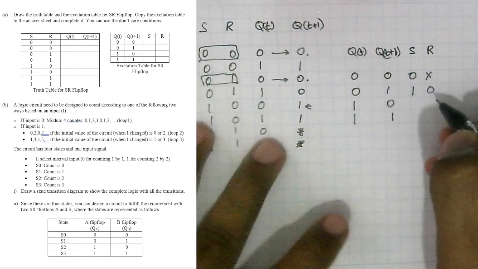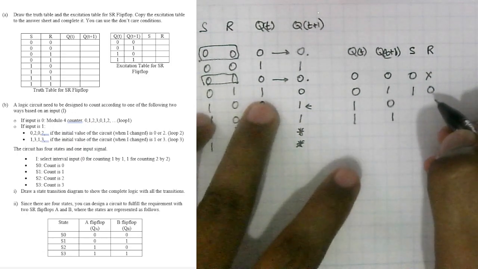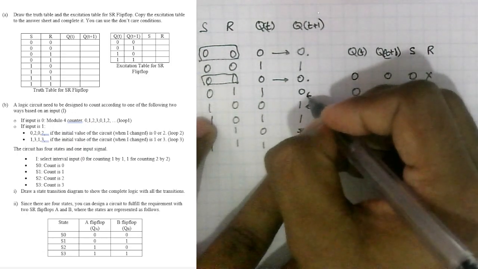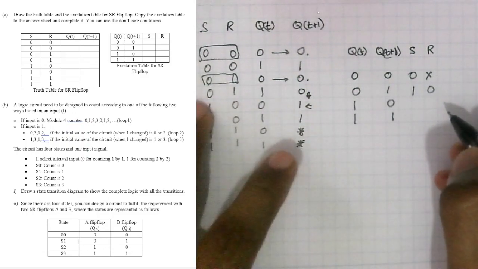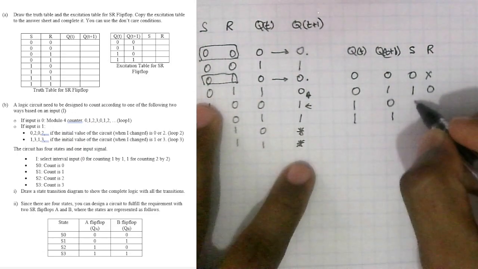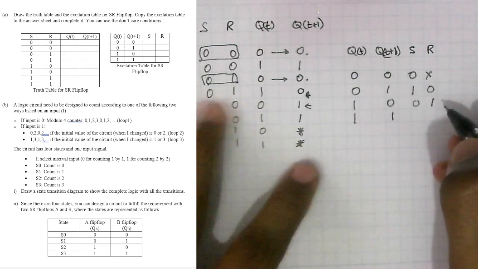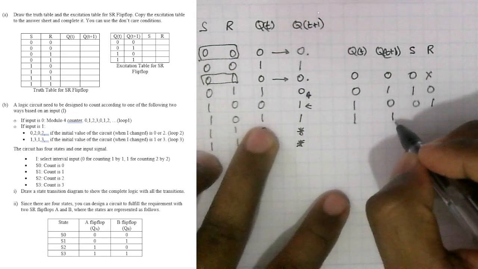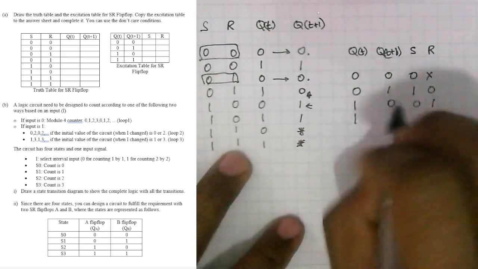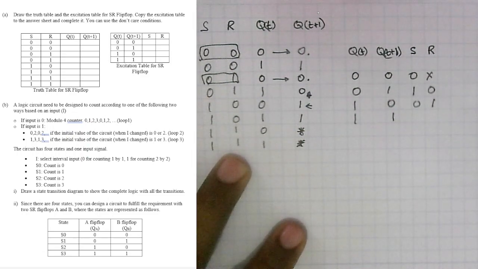Okay, 1 to 0. We have this one, right? So this one is going from 1 to 0. We need S 0, R 1 in this configuration. Okay, so then going from 1 to 1, what can we do? There are two options here, right?